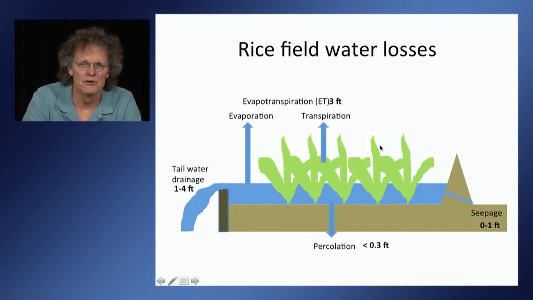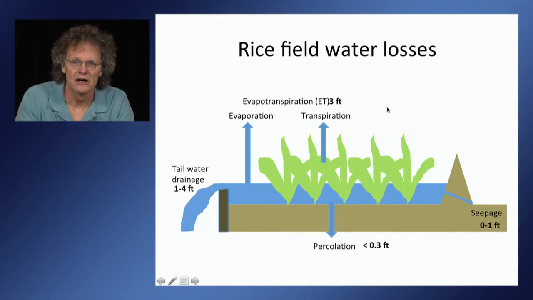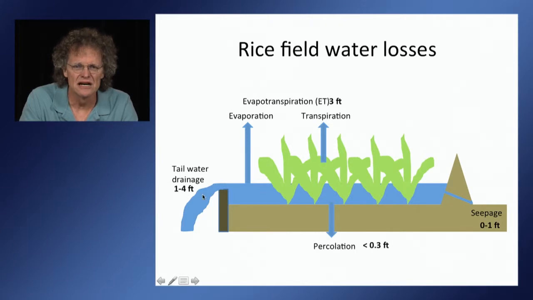So if we put those numbers back in our cross section here, we see again our ET losses of 3 feet, seepage losses about 0 to 1 foot, and percolation losses at less than 0.3 feet. In our study, tailwater drain losses were quite broad, ranging from 1 to 4 feet. So certainly there is a lot of variability and a lot of opportunities to reduce water inputs by trimming the amount of tailwater drains that we have.